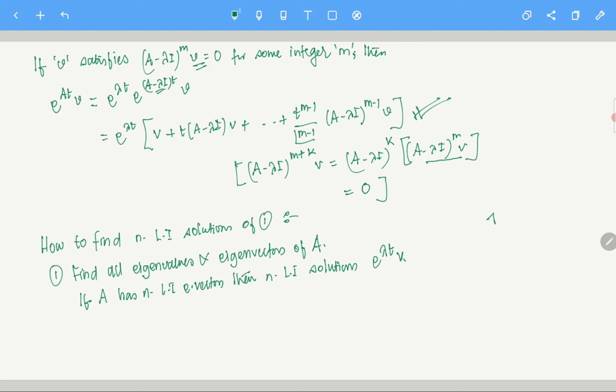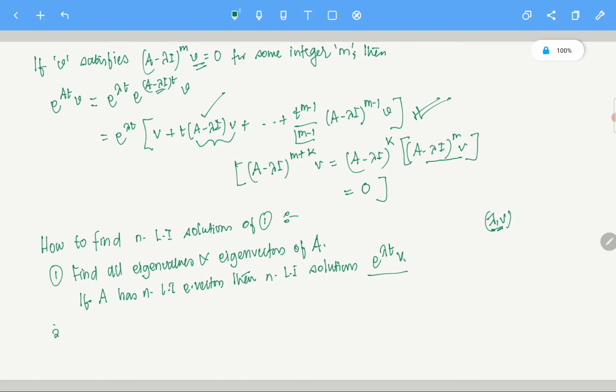Let's say lambda and v is an eigenpair. For such a v, in this series the term (A minus lambda I) v is going to be 0, since lambda is an eigenvalue. So this term is gone, and you are left with v e to the power lambda t.